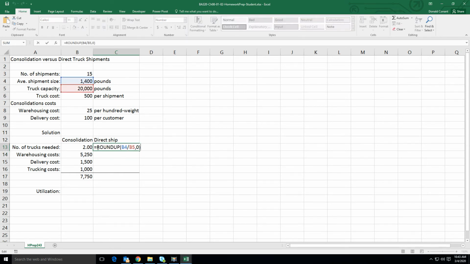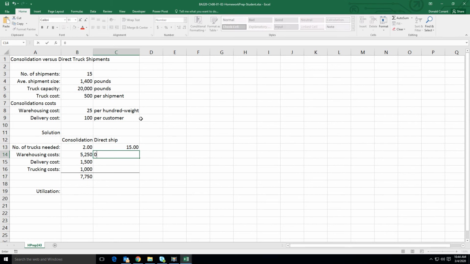Now, I have 15 shipments. So I multiply that times the number of shipments. And I need 15 trucks. So as they come in, I'm going to go ahead and just direct ship them. So 15 trucks. I'm not going to consolidate any of the shipments. I'm shipping them one at a time.